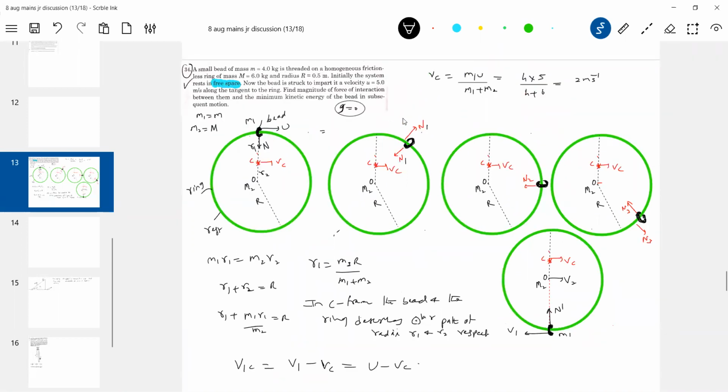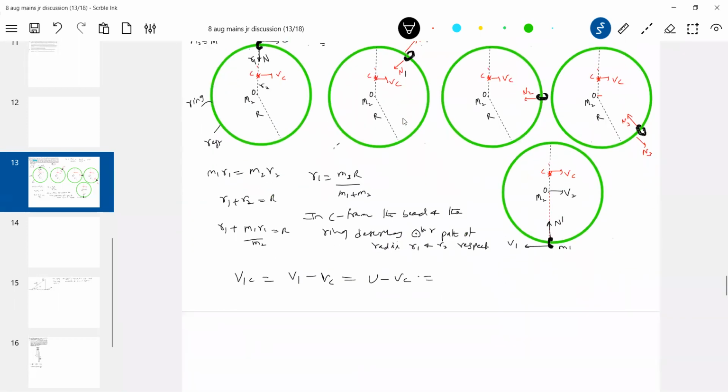U is how much, given? 5 meter per second. So I have 5 minus 2, 3 meter per second. So N should be equal to M1 V1C squared by R1. Substitute this, solve it. You'll get the force of interaction between the bead and the ring.